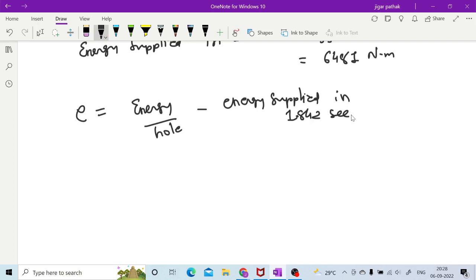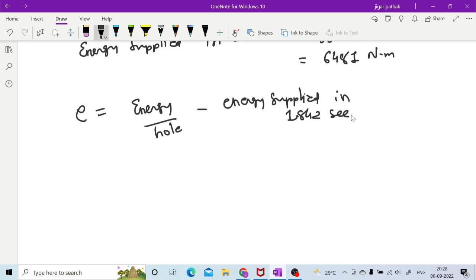Because we have first seen the particular time for the duration of the travel of the punch when it is cutting the plate, right? Because we know the energy supplied per second, and we have calculated the time for the operation where the punch is traveling through the thickness of your workpiece. So we have an idea of the energy provided during that time, that is 6481, and we also know the energy required per hole.